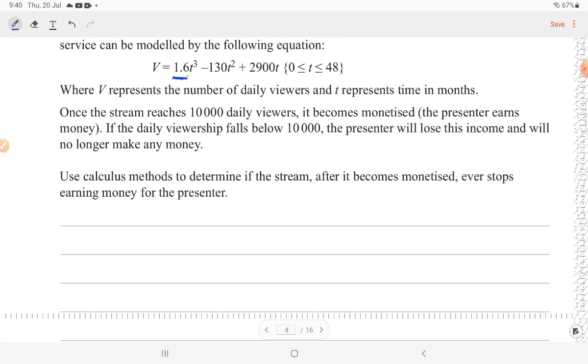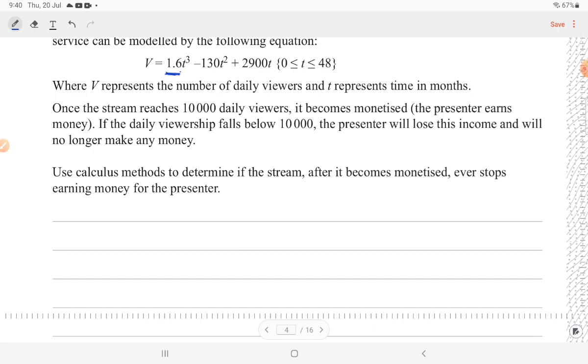So we have a positive in front of the t cubed, so the graph looks something like this, and these two are the local maximum and minimum. So we need to figure out these turning points and see what these values are.